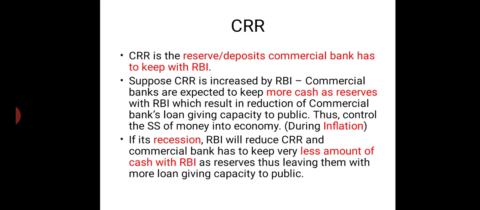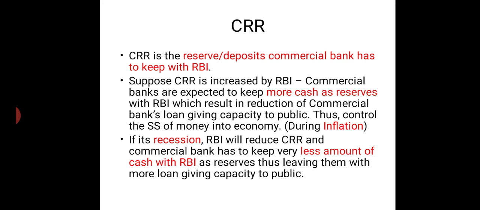Opposite will be the situation when it is a recession. When it is a recession, the main problem in the economy is that the money supply is very low and deflation, prices are going down. Now when RBI comes out with a monetary policy or monetary instrument, their only aim is to increase the money supply in the economy. How do they do that with CRR? They will reduce the CRR. It was 10%, they will reduce the CRR to 4%.